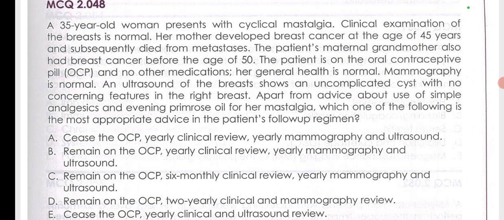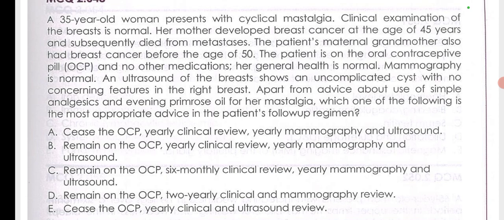Her general health is normal. Mammography is normal. An ultrasound of the breast shows an uncomplicated cyst with no concerning features in the right breast. Apart from advice about the use of simple analgesics and evening primrose oil for her mastalgia, which one of the following is the most appropriate advice in this patient's follow-up regime?